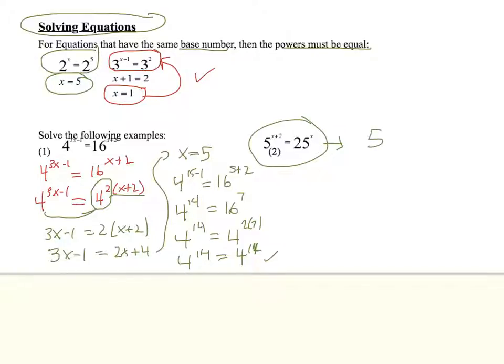So 5 to the x plus 2 is equal to 5 squared to the x, and now since we have the same base number, we have x plus 2 is equal to 2x, and 2 is equal to x when I subtract x from both sides of the equation.